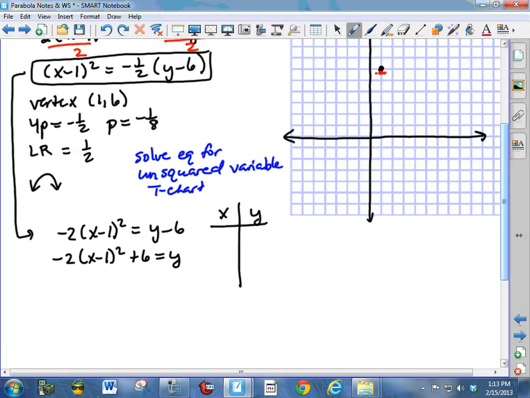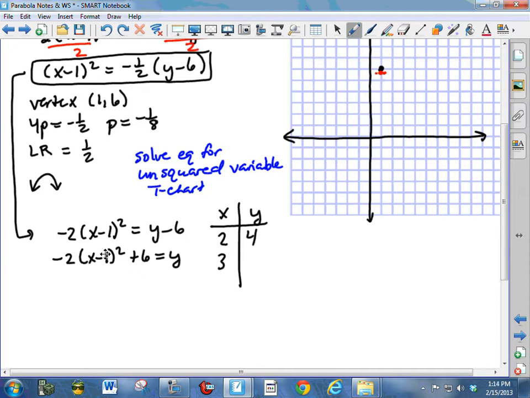So the best thing to do is put in values that are close to the vertex. I have the vertex at (1, 6), so I'm going to put in 2 and 3. And because of symmetry, I can also find the corresponding points on the other side of the vertex. If I put 2 into this equation, I would have negative 2 times 1 squared, so negative 2 plus 6 is 4.